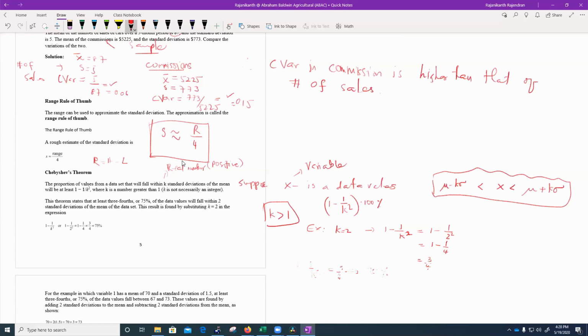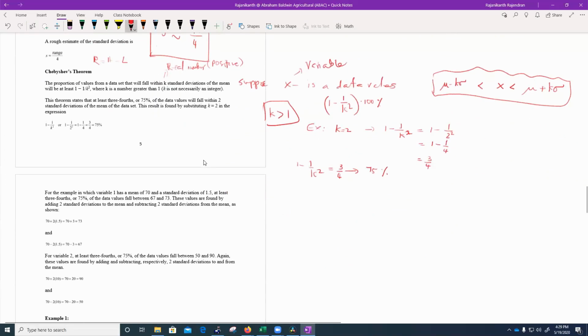What does that mean? That means at least 75 percent of your entire data values will be between mu minus 2 sigma and mu plus 2 sigma, k being 2 now. Suppose you are given 100 data values, at least 75 of them will be within this range.